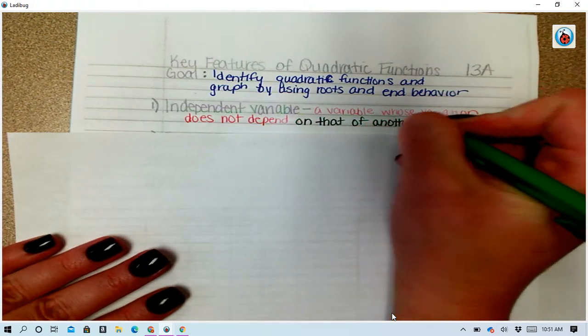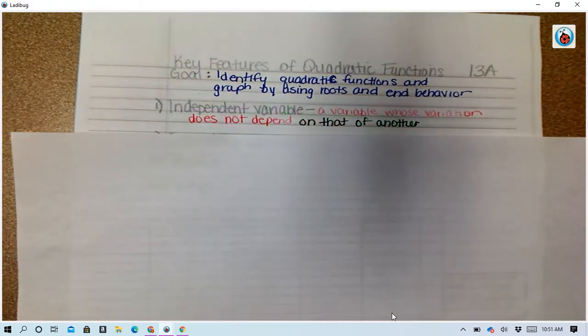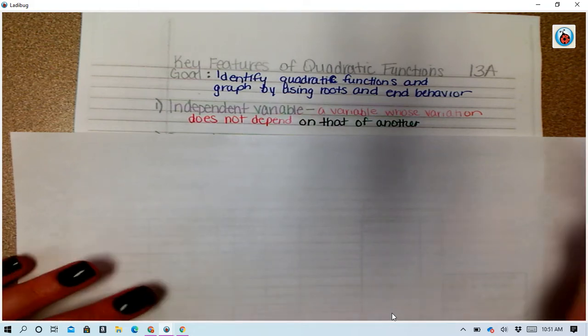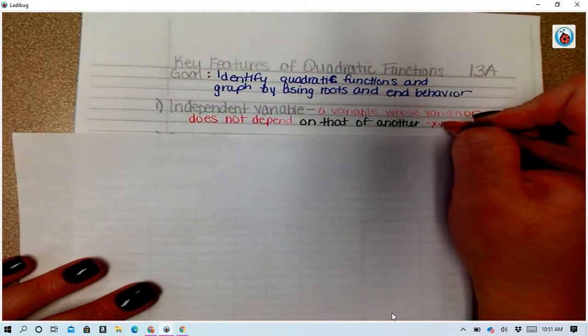And it is a definition, so I suggest you write it in red or highlight it, whatever you've been doing in your notes to keep that consistent. And we've already talked about that this is usually your x values.